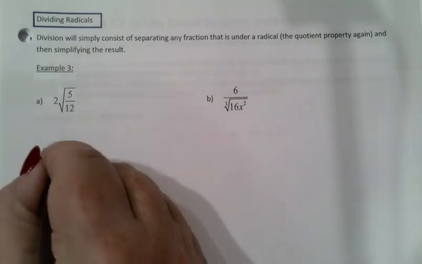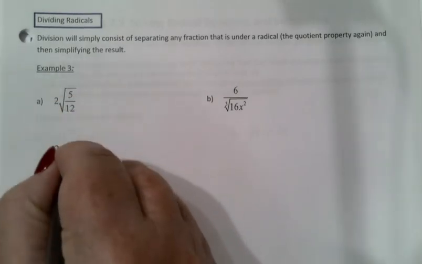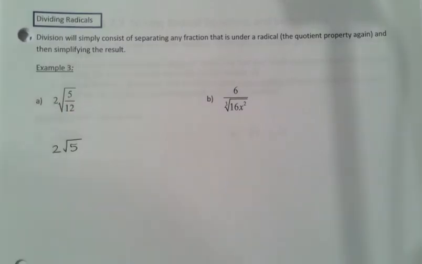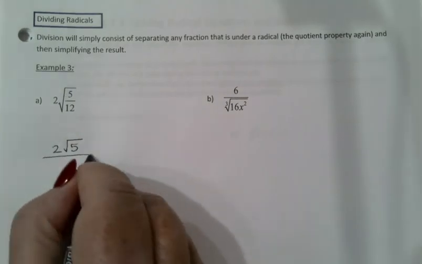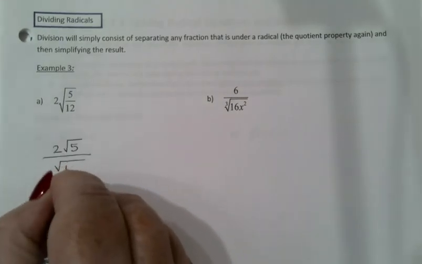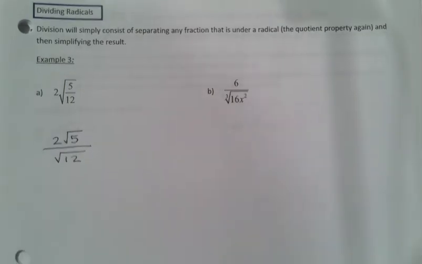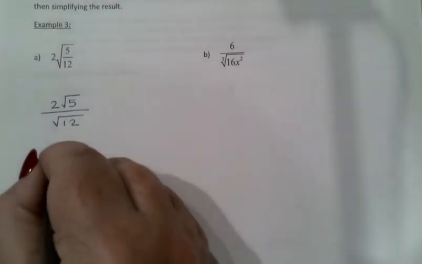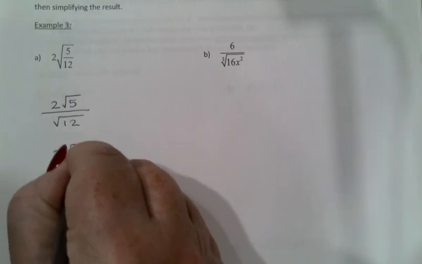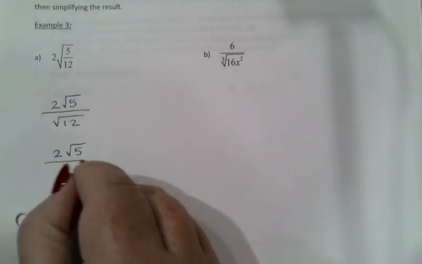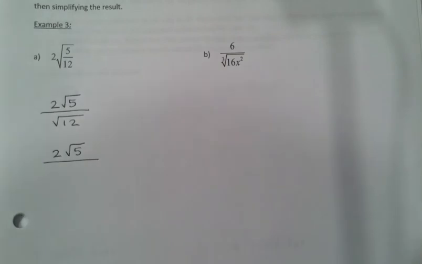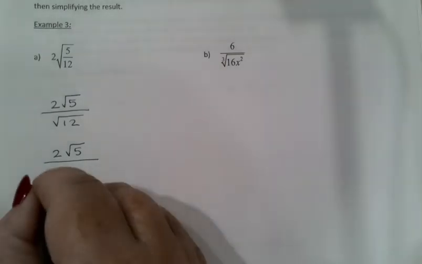Well, here I've got 2, and the top would be the square root of 5. I'm going to separate the square root of 12 on the bottom as its own radical. 2 times the square root of 5, nothing I can do about that. That's as simple as it's going to get. But I can break down the denominator a little bit.